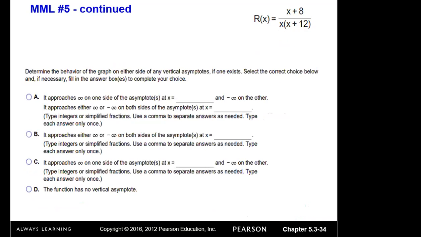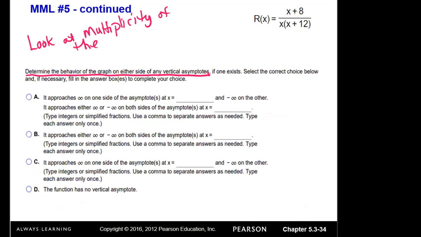Okay, and next says determine the behavior. All right. When they want you to determine the behavior on either side of the vertical asymptotes, you want to look at the multiplicity of the zeros that you got, which were the x and the x plus 12.